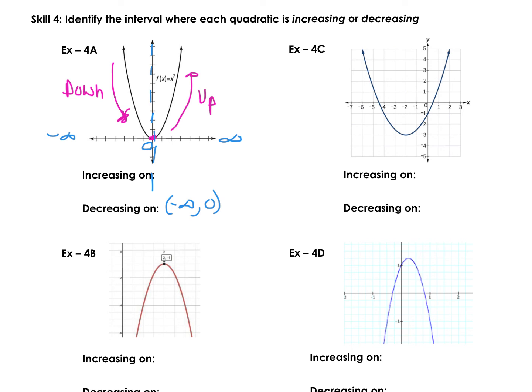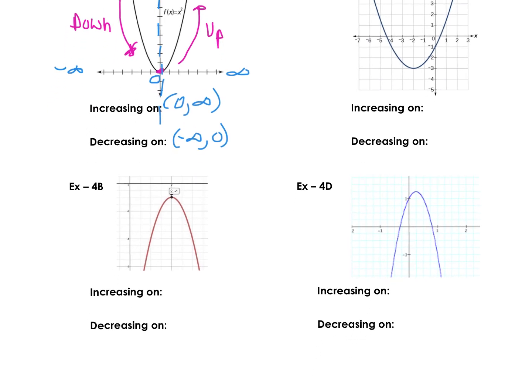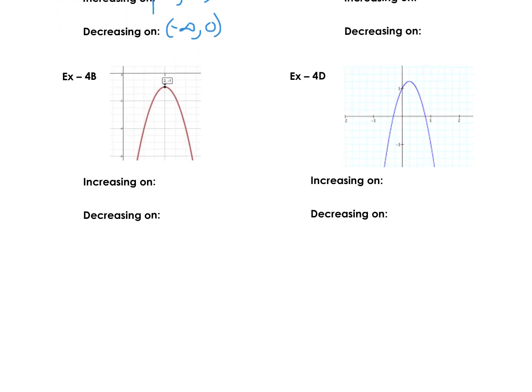So that means that our increasing interval must be from 0 to infinity. And once again, I'm using parentheses at 0 because at 0, an x value of 0, the graph is neither increasing nor decreasing. So then let's look at example 4b and see what happens when the graph is reflected down.